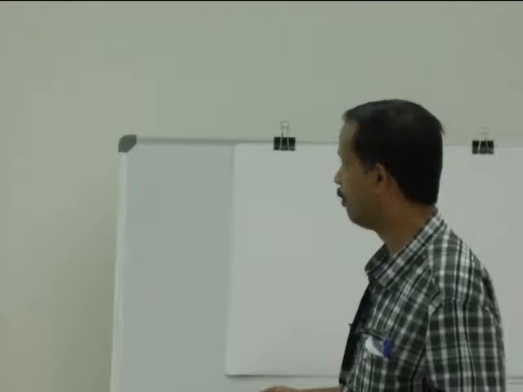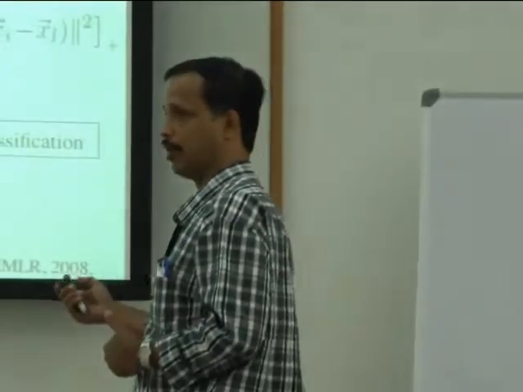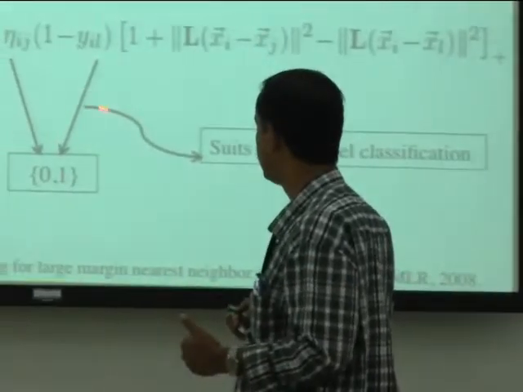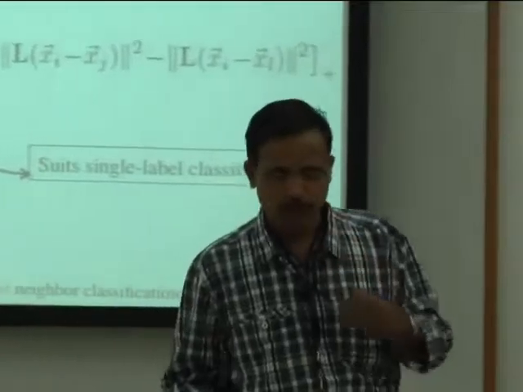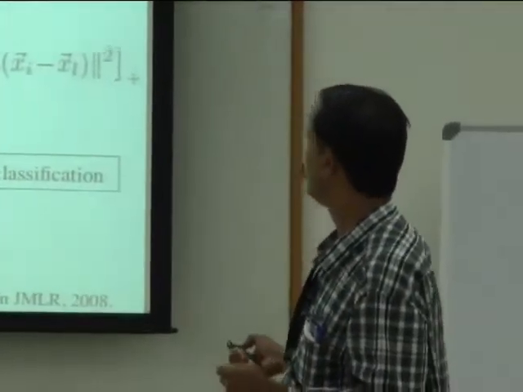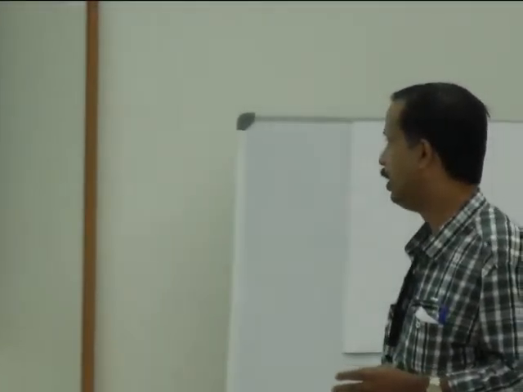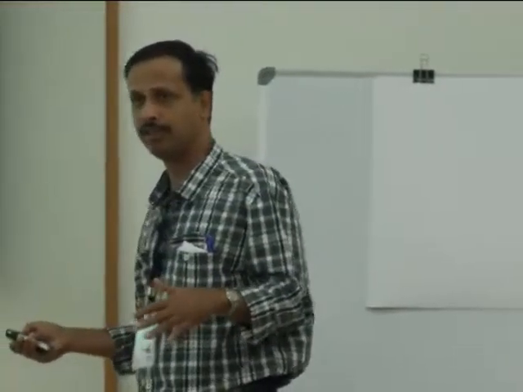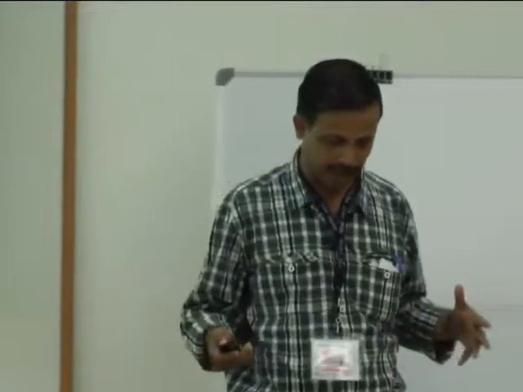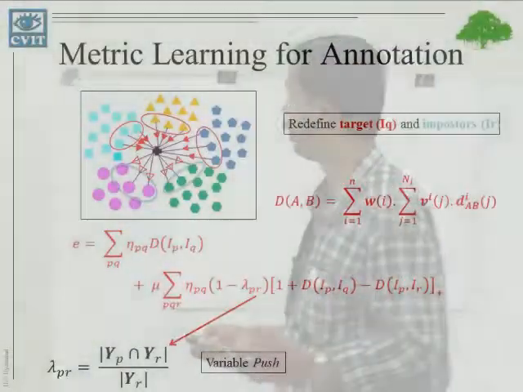Eta says whether the sample is in the neighborhood or not, and y says whether the labels are the same or not. This is mostly defined for a single-label classification framework, and our problem is more like a multi-label classification or annotation setting.